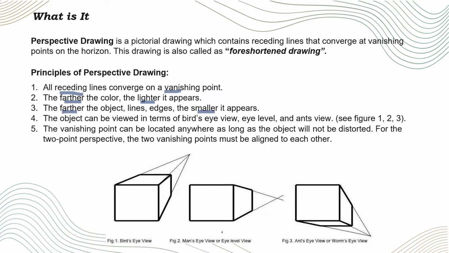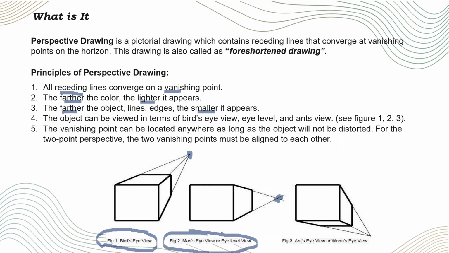Number 4, the object can be viewed in terms of the bird's eye view, which is shown in figure number 1, where the observer views an object below the eye level. Man's eye view or the eye level view, as seen in figure number 2, where the observer views the object at its eye level.